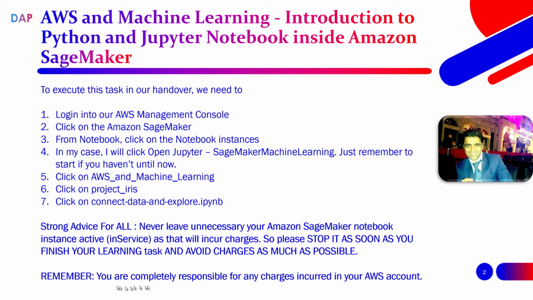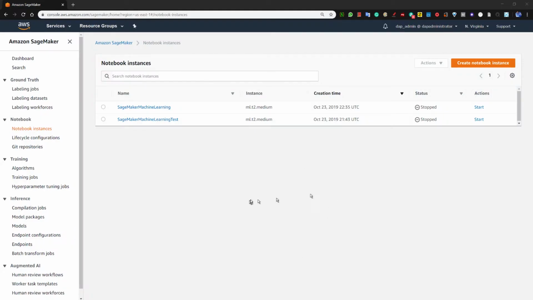You have to remember you are completely responsible for any charges incurred in your Amazon Web Services account. Let me show you what it means. For example, you remember we started this Amazon notebook instance in the previous lecture. This was in service, and if you see, I have stopped it.